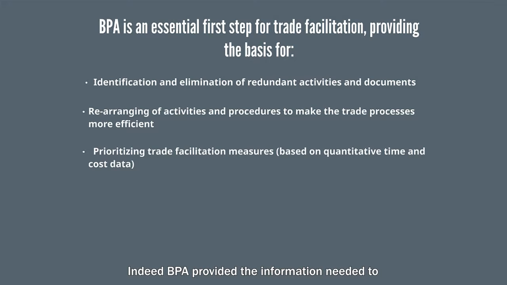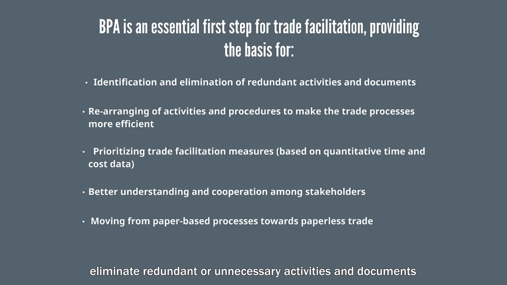Indeed, BPA provides the information needed to eliminate redundant or unnecessary activities and documents, rearrange activities to make the overall trade process more efficient, and also to move from paper-based processes towards paperless trade. BPA also provides the information to prioritize trade facilitation reforms based on quantitative time and cost data.